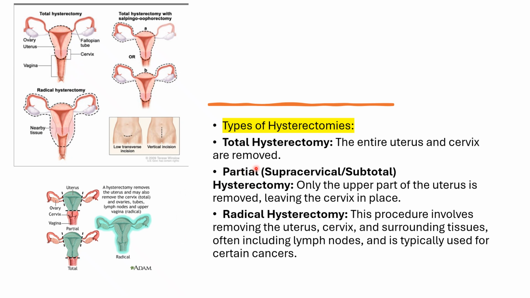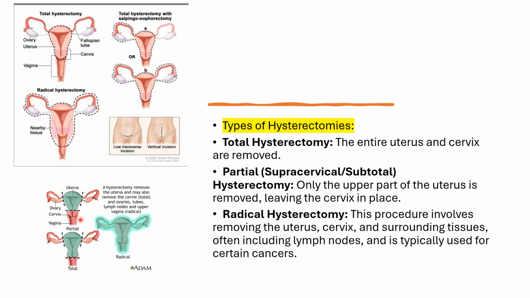Now pay attention to the types of hysterectomies. One is a total hysterectomy, where the entire uterus and cervix have been removed. This is a diagram of the total hysterectomy where even the entire uterus and the cervix have been removed. While the partial hysterectomy, which is also called supracervical or subtotal, is where only part of the uterus is removed, leaving the cervix in place.